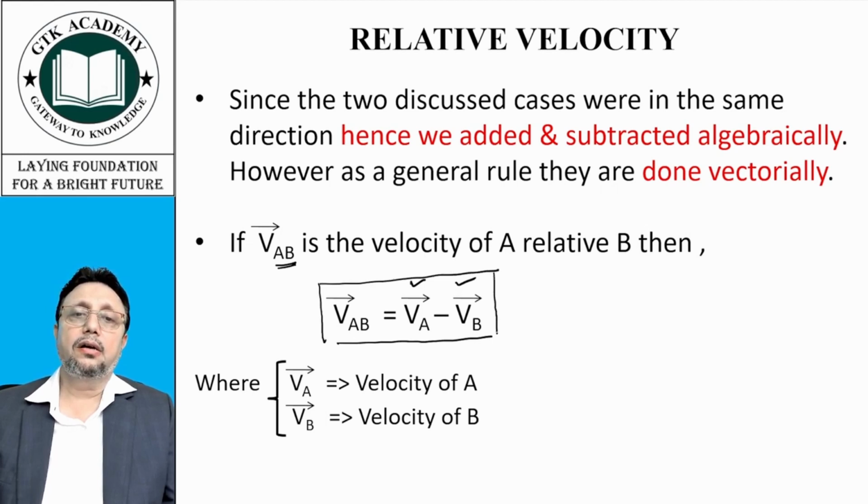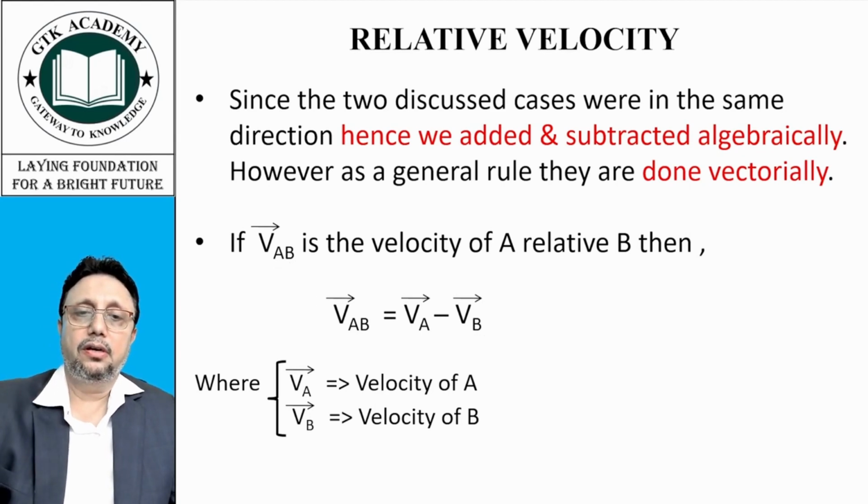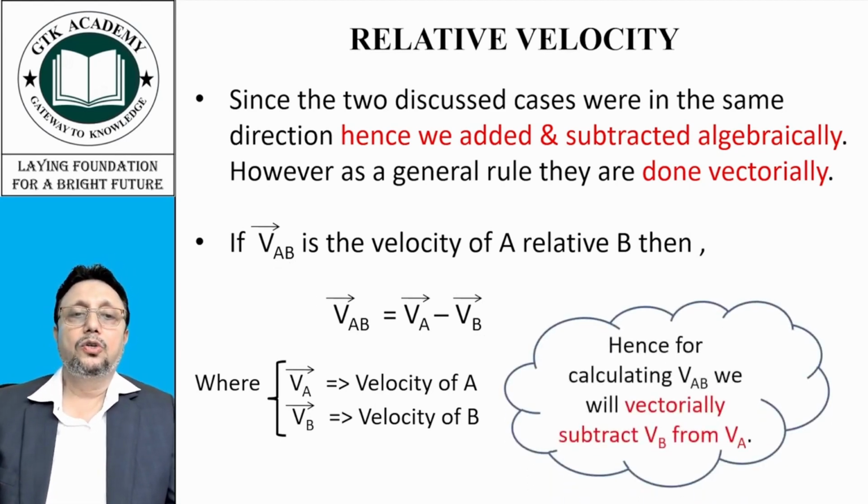This is the basic equation of relative velocity. So for calculating VAB, we will vectorially subtract VB from VA.